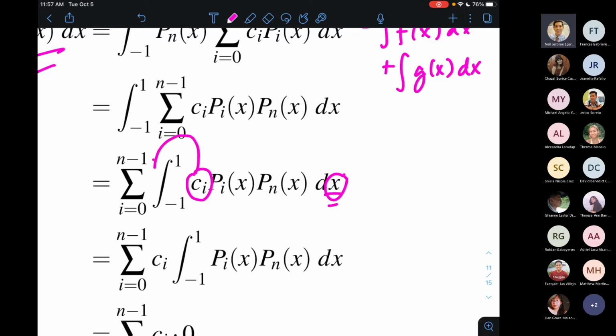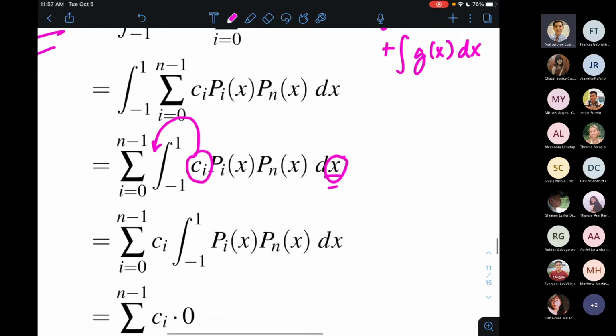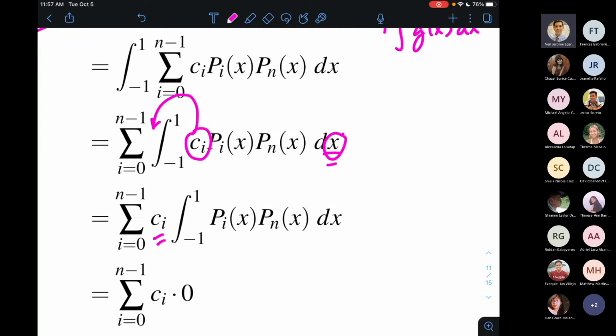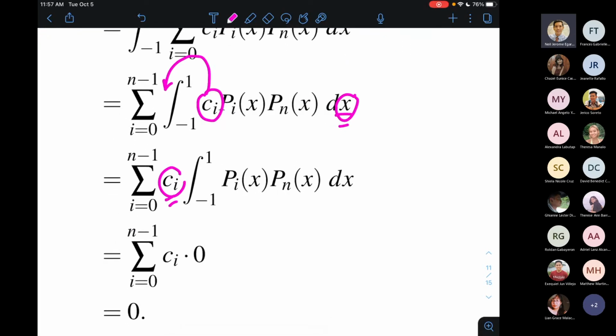So si C sub i, pwedeng makalabas ng integral. Kasi linear yung integral operator. So nakalabas siya dito. Kaya lang, dahil si C sub i ay involve yung index ng summation, yung summation natin may index i, si C sub i hindi pwedeng lumabas dun sa summation. Kasi involved pa rin yung variable i, yung indexing variable i. That's why C sub i remained inside the summation.